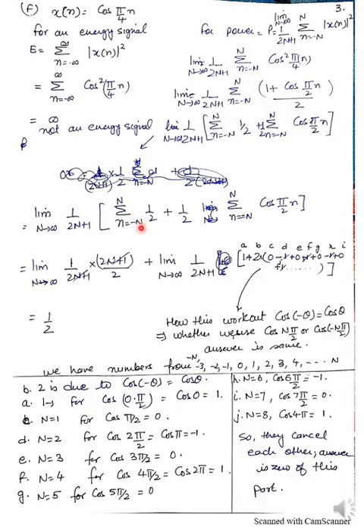So we are adding 1 how many times? 2n plus 1 times, which we did in the previous question. So the only problem left with us is to solve the sum from minus n to n of cos(pi by 2 n).